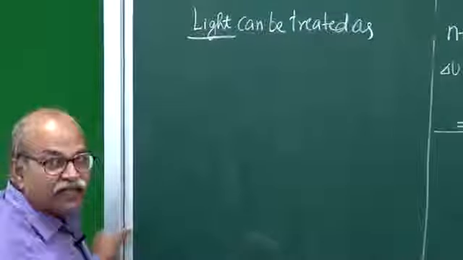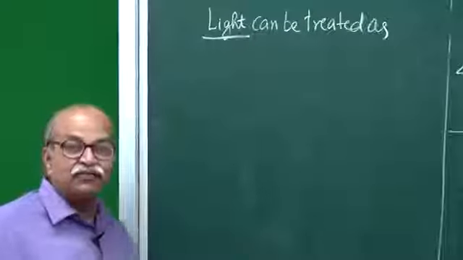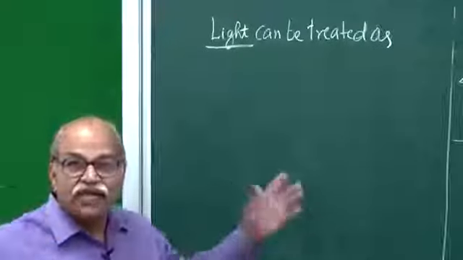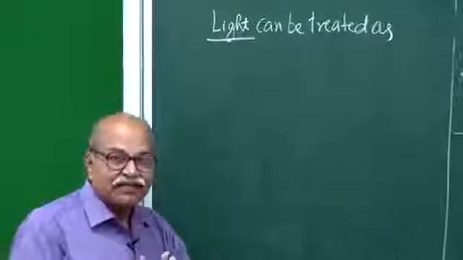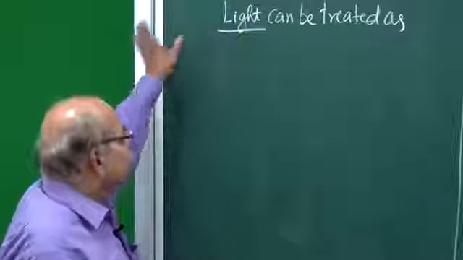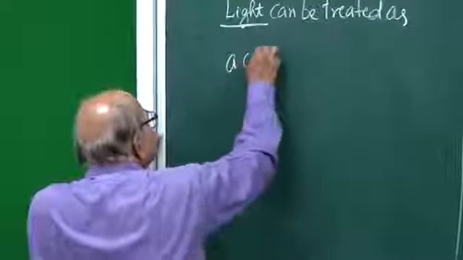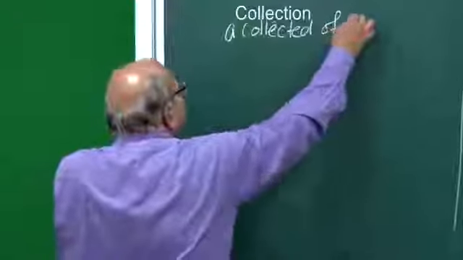If the wavelength lies in that visible range, 400 to 700 nanometer, we generally call it light, and if it lies outside that, we call it radiation. Light is also electromagnetic radiation, so in that sense, light can be treated as a collection of particles.